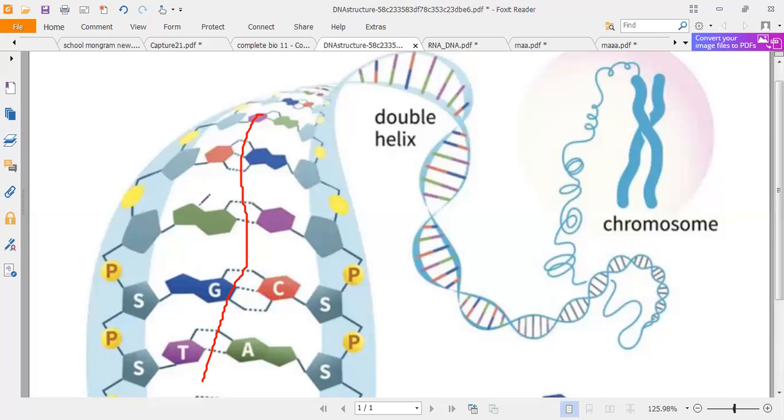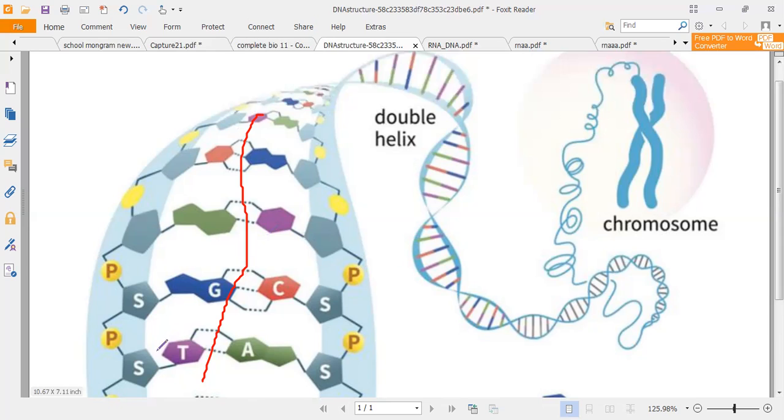These two helical chains are broken apart at the hydrogen bonds by an enzyme, and by this breaking apart, the two chains separate, and from one chain the DNA makes another copy, that is the complement of the DNA.